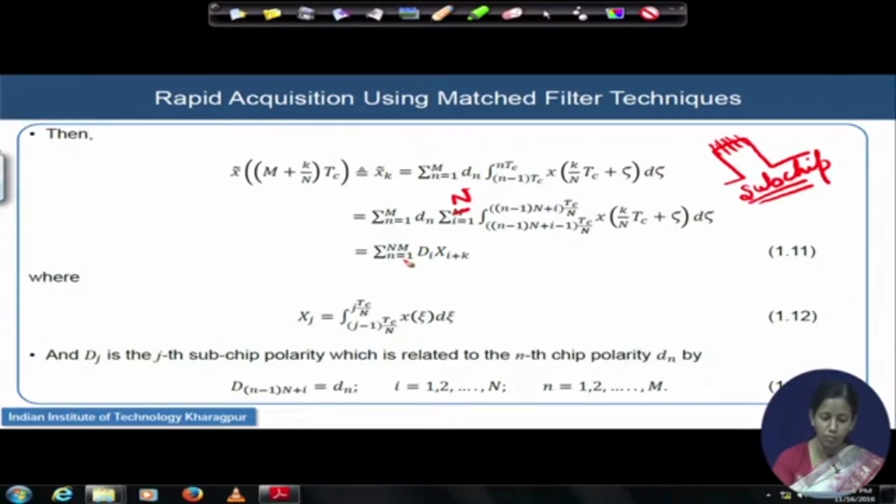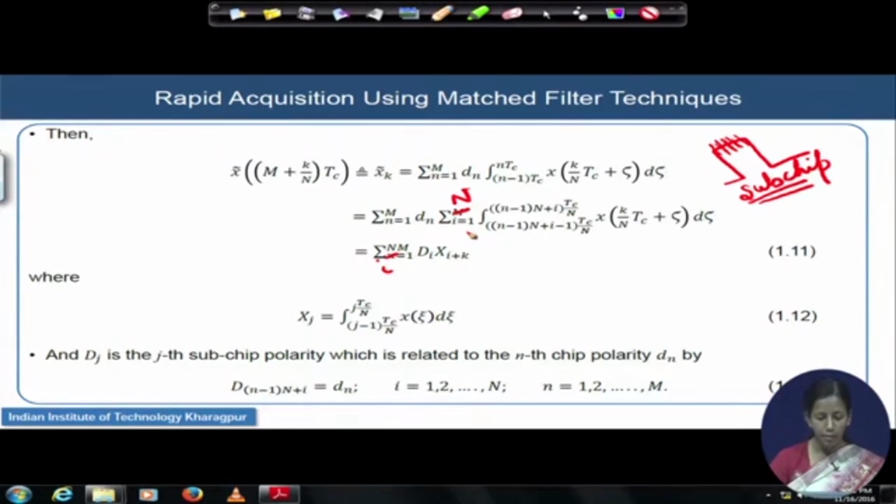So your i is moving from 1 to capital N into capital M, and di into xi plus k is the final expression you are ending up with.